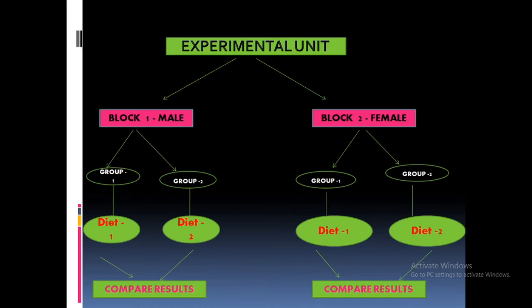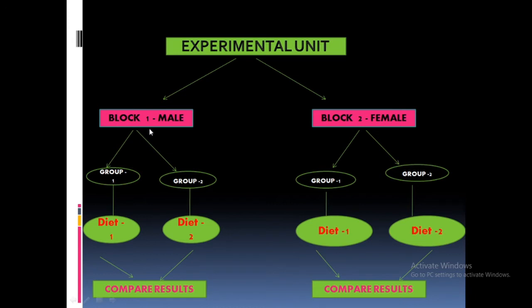randomly we gave the treatment without making them into groups based on any criteria. But here we are grouping the units into two, block 1 and block 2, based on a criterion such as male and female gender, or breed, whatever you can take. Block 1 male, block 2 female. Now in block 1 we again divide into group 1 and group 2. This is a random grouping.